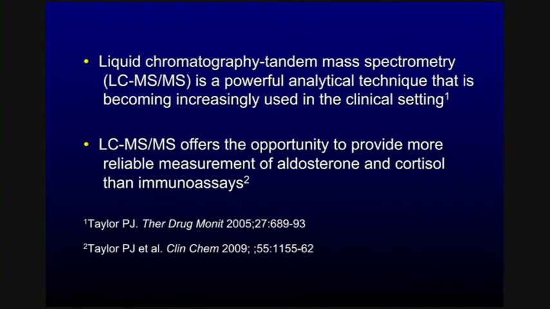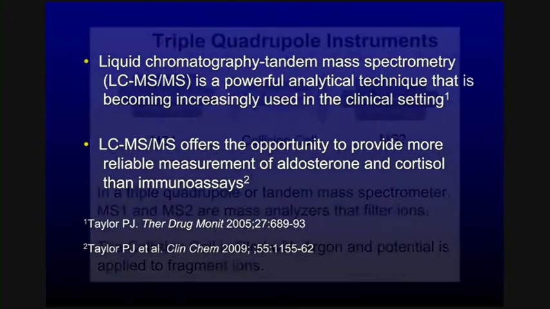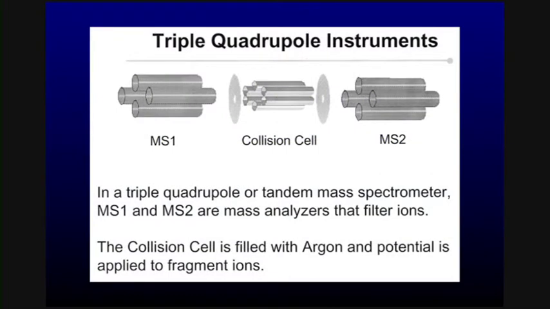There are alternatives to immunoassay, including liquid chromatography tandem mass spectrometry, which is a powerful analytical technique becoming used increasingly in the clinical setting. It gives the opportunity to provide more reliable measurements of aldosterone and cortisol than immunoassays. So this is a technique that we've developed in collaboration with the Waters Group.